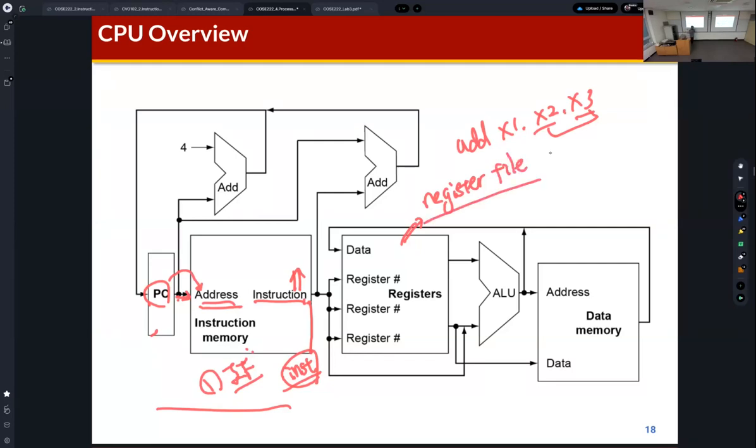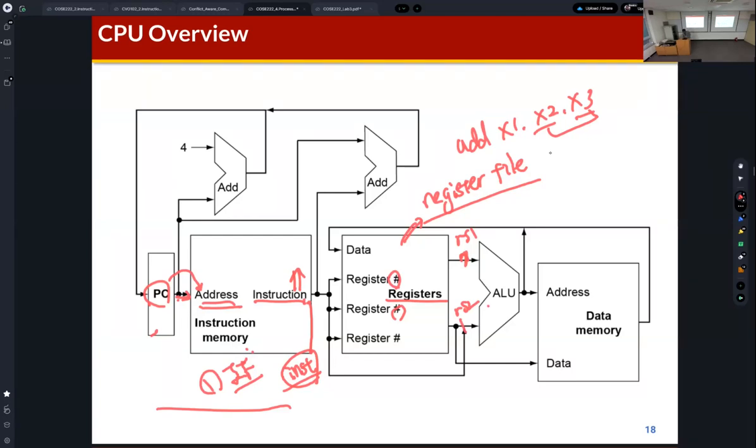It's a group of registers. Register numbers are given to the register file, and then we can get the operands, the required data, RS1 and RS2, right?